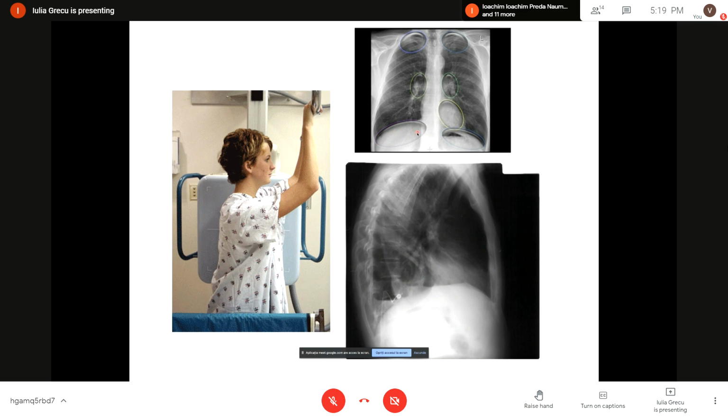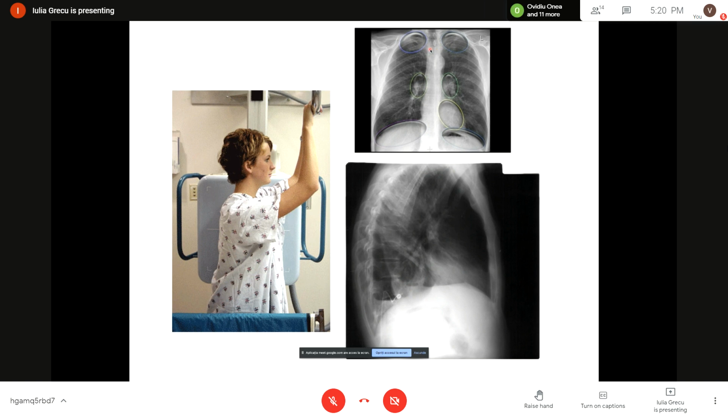We can see partially what's happening behind the diaphragms, because we have another view at the posterior region of the lungs in here. And we can also see some more behind the clavicles in the upper part of the lungs.